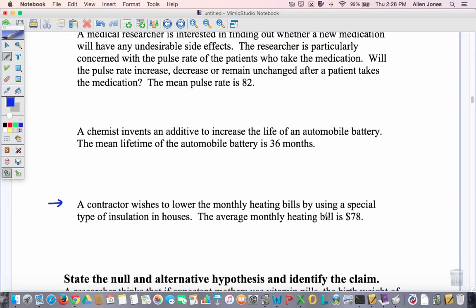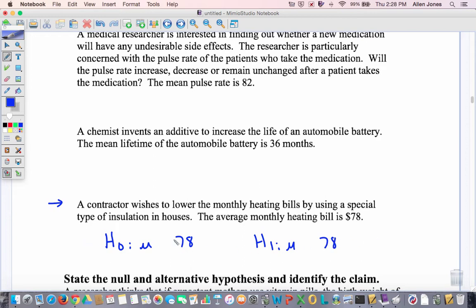So the first one I'm going to work with says a contractor wishes to lower the monthly heating bills by using a special type of insulation in houses. The average monthly heating bill right now is $78. Okay, so right now we're running a null hypothesis based on a population mean of $78 and an alternative hypothesis based on a mean of $78.